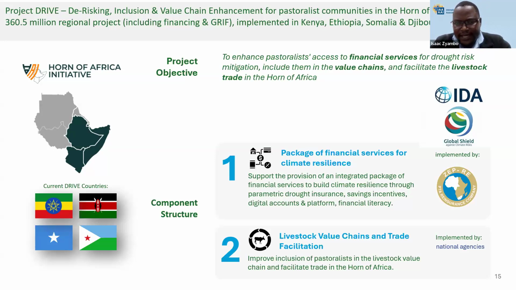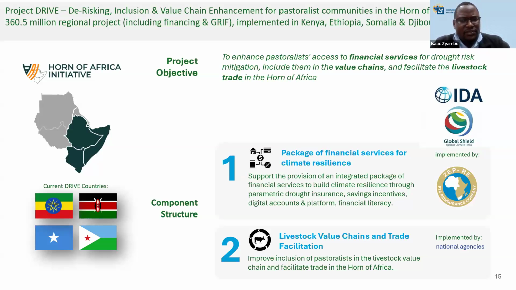So the Drive project has got two components. Component one is a package of financial services. And this is where we're talking about insurance and savings. And then component two is about trade facilitation and value chain enhancement.